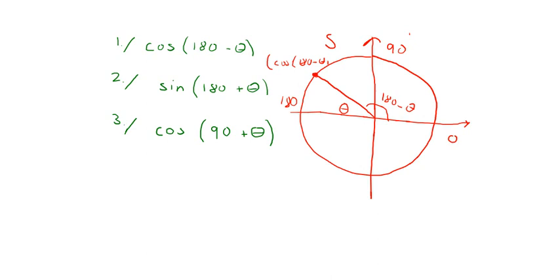Alright, let's try another one now. Let's just erase this and touch up our board slightly. So here's my unit circle back again. Sine of 180 plus theta. Pretty easy. So here's my theta, and this is 180 plus theta. There's 180 and there's theta. We're looking at this triangle in here, and the sine is the y-coordinate.